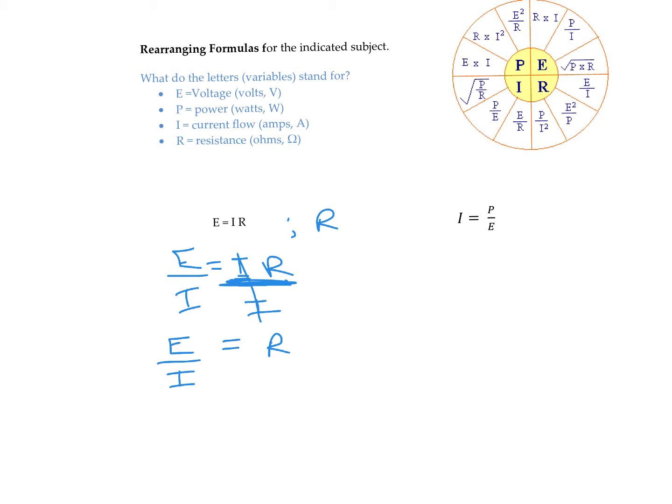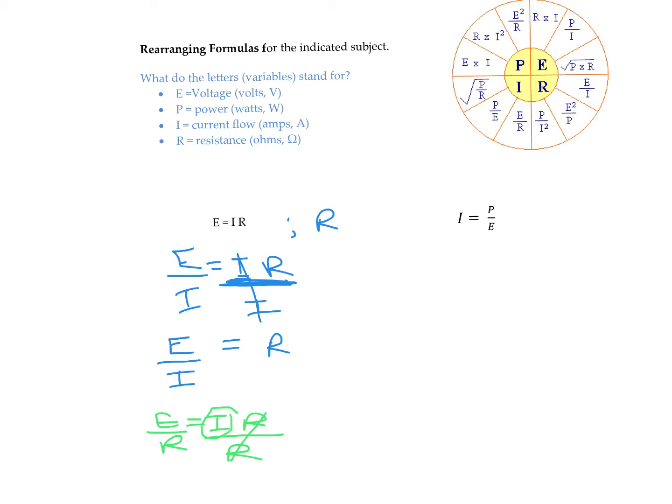You could also have solved this formula by solving for I. Let's rewrite the original. E equals I times R. If I wanted to solve for I, I could divide both sides by R. Same exact concept, getting rid of what you want to get rid of to isolate what you want to isolate.